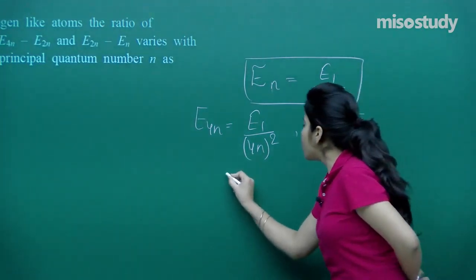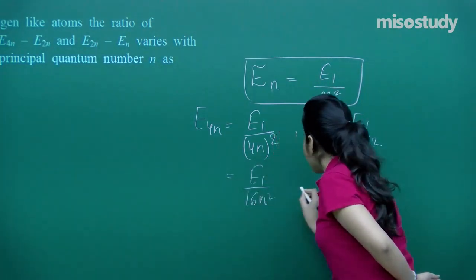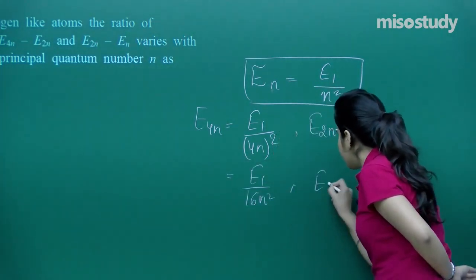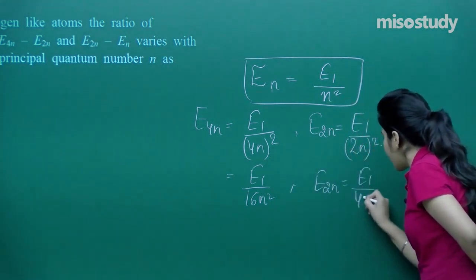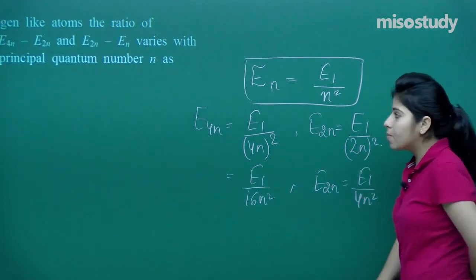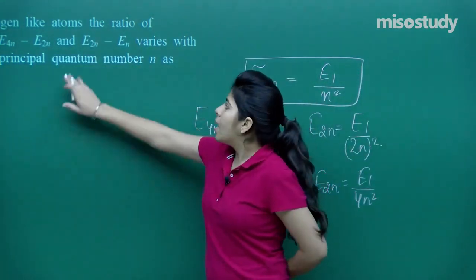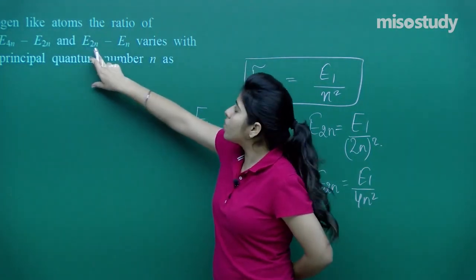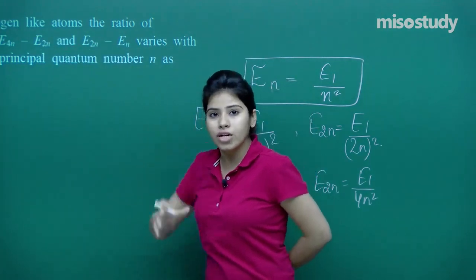So my E4n will be E1 upon 16n square and E2n will be E1 upon 4n square, isn't it? Right? Now what do I have to do? We have to take the difference of them, and also the difference of E2n minus En, and then we have to take the ratio of this.